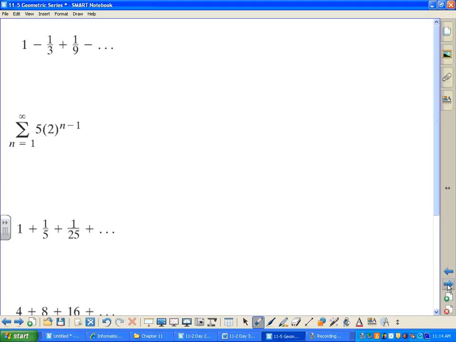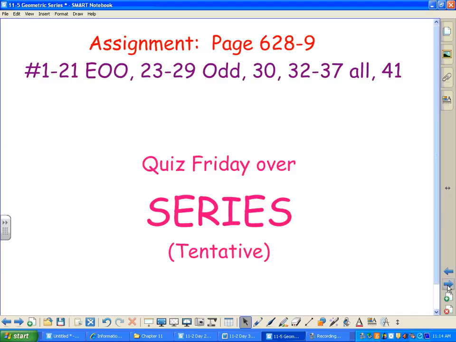On all of these, decide whether or not it's going to converge or diverge by looking at R. On something like this, you might want to write out a few terms so you know what R is, although I claim you should be able to see it from the formula. We'll talk about that a little bit more tomorrow. Here's what I would like for you to write down. Right here is your assignment.